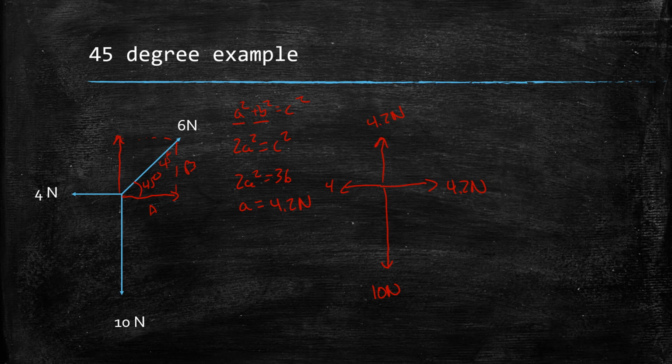The next part becomes pretty easy because the 4.2 and the 4 are going to result in a 0.2 to the right. The 4.2 up here and the 10 are going to result in a 5.8. No, sorry, that's terrible math. Let's try that again.